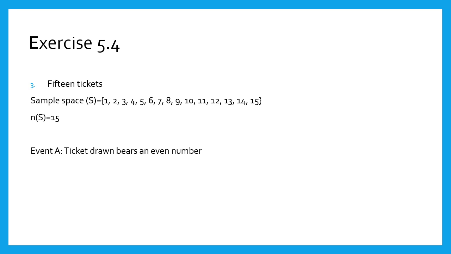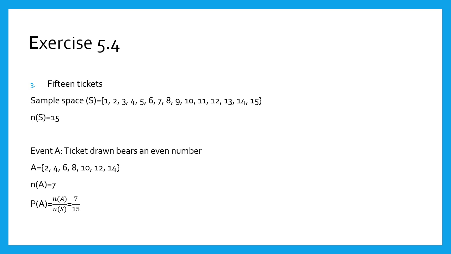So write the even numbers from the sample space in set A. And we get n(A) = 7. Now let us calculate the probability of event A. P(A) = n(A) / n(S). Place the values of n(A) and n(S). We get P(A) = 7/15.